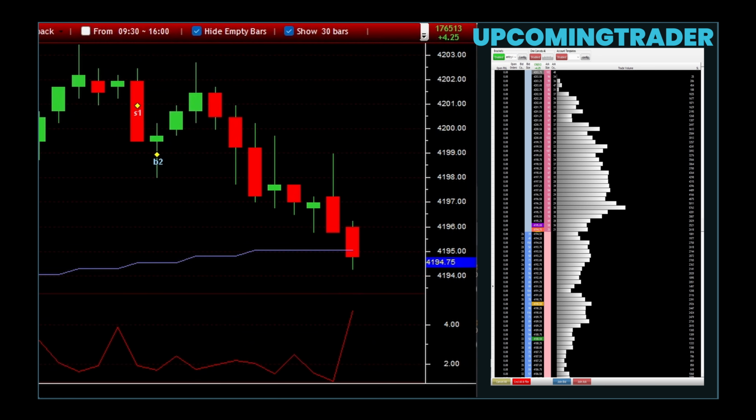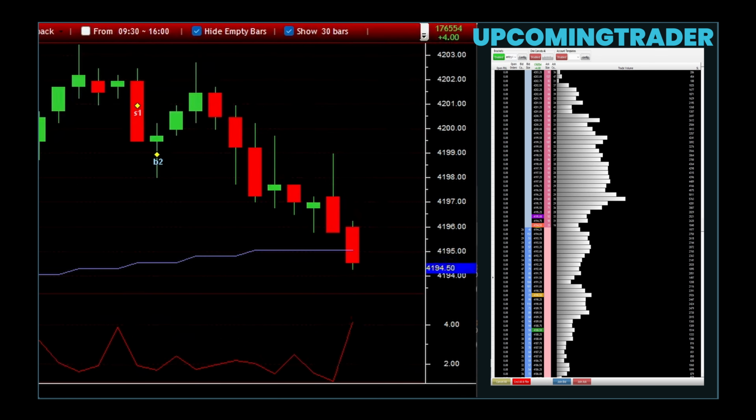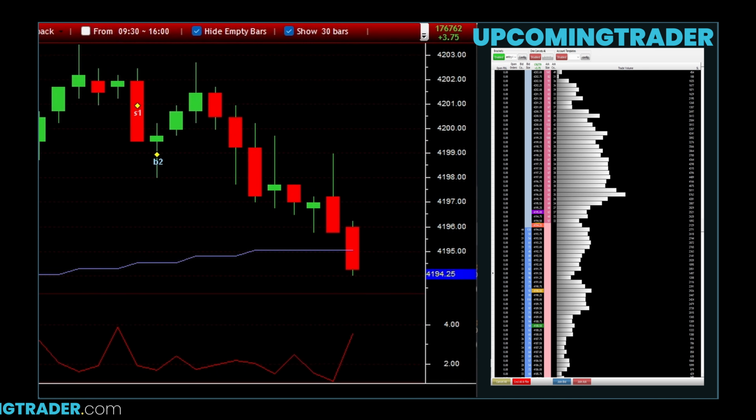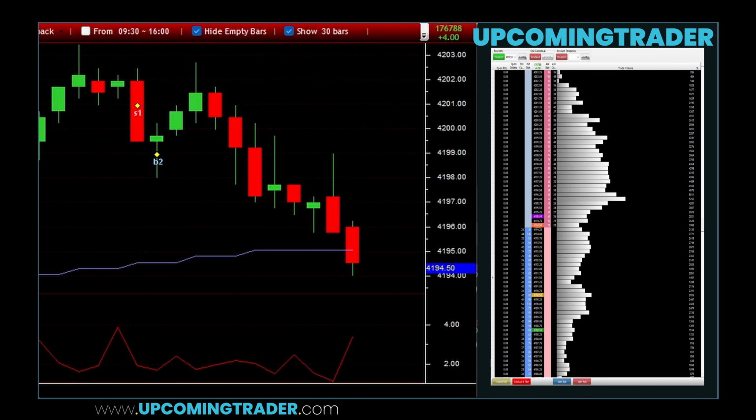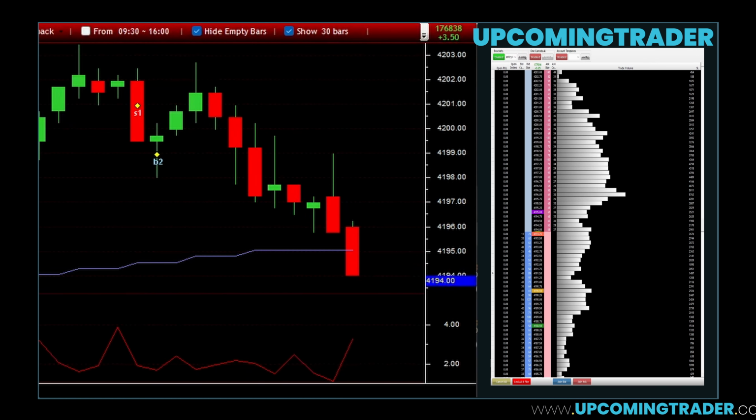Now, let's delve into market limit and stop limit orders. A market limit order is a powerful tool that ensures you execute a trade at a specific price or better. This type of order gives you control over the price at which your trade is executed, which is crucial in managing your entry and exit points effectively.